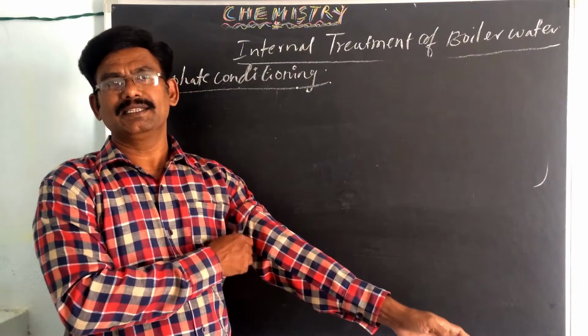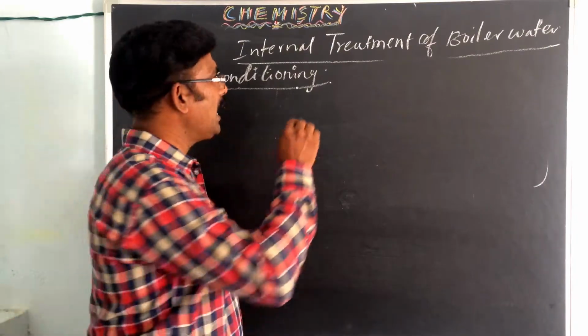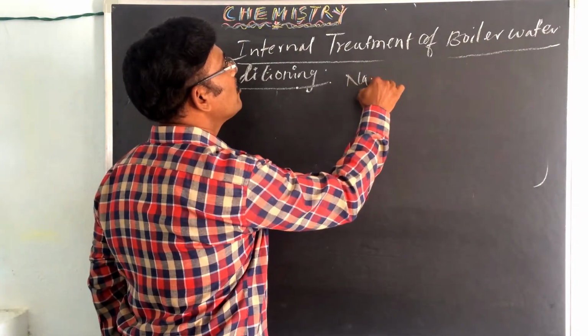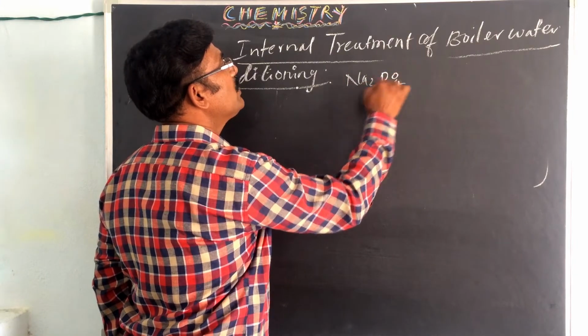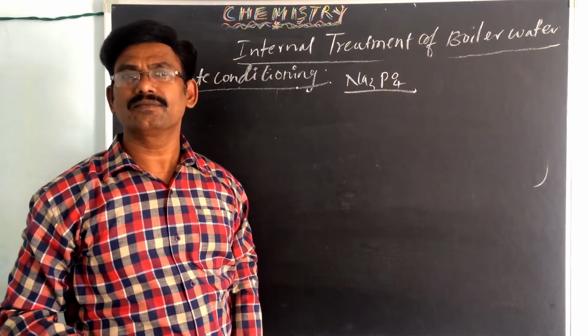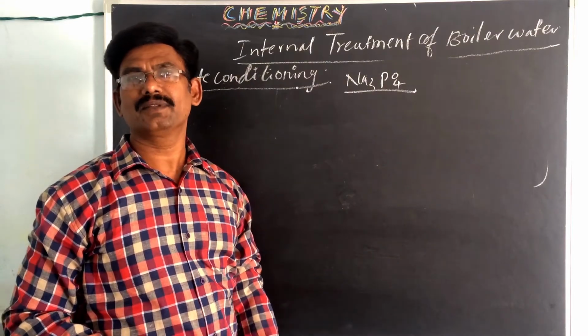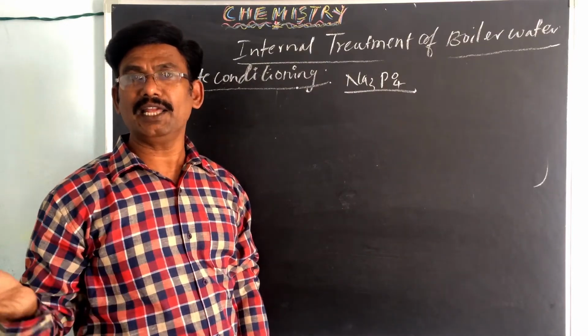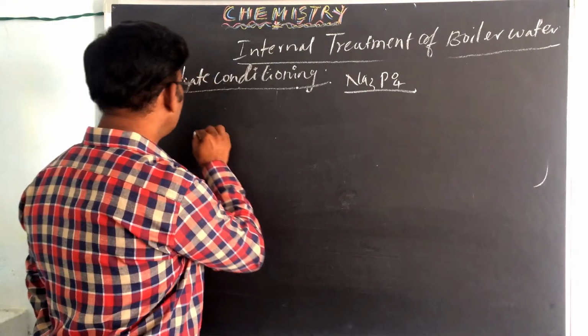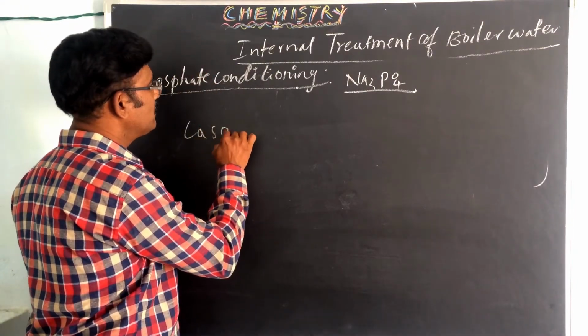Sodium phosphate. Simply, what is that formula? Na3PO4, simply phosphate. Na3PO4, sodium phosphate.